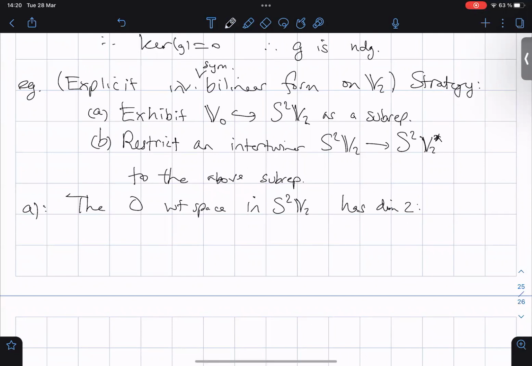The general vector in here looks like what? I'm using this dot with a circle that denotes the symmetric tensor product here. So let's consider x squared y squared like that, and xy.